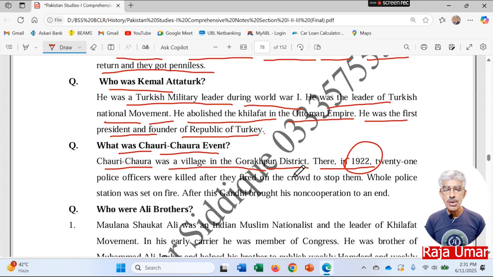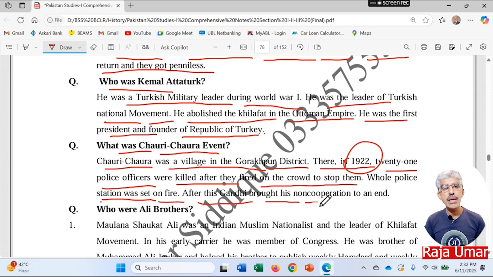But in 1922, 21 police officers were killed after they fired on the crowd to stop them, while the police station was set on fire by the people. After this, Gandhi brought his non-cooperation to an end, and he got himself aside from the Muslim support in the Khilafat movement.